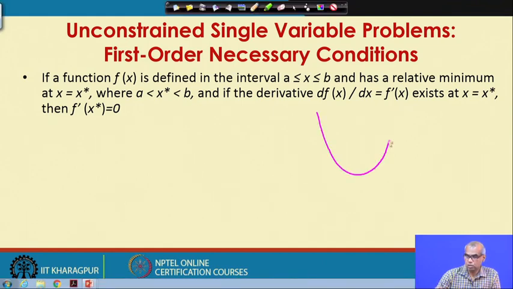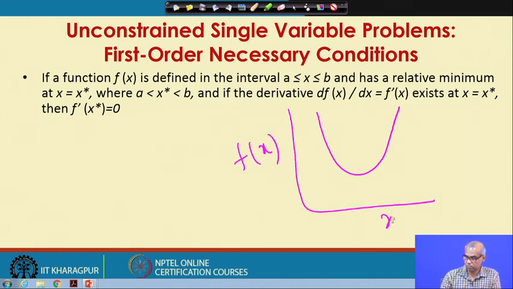So, let us say this is the function, a single variable function. Let us say this is a and this is b.